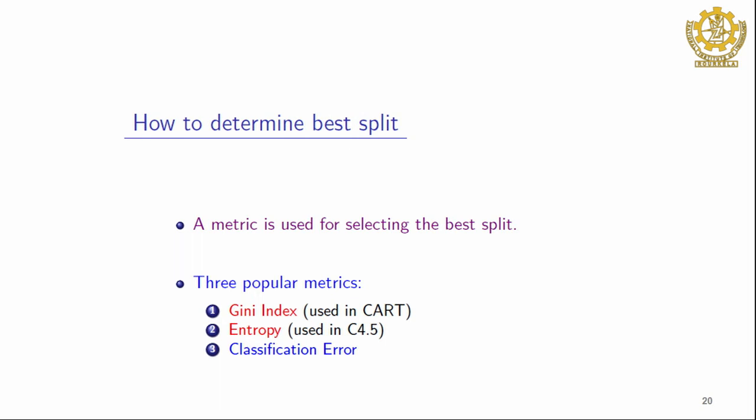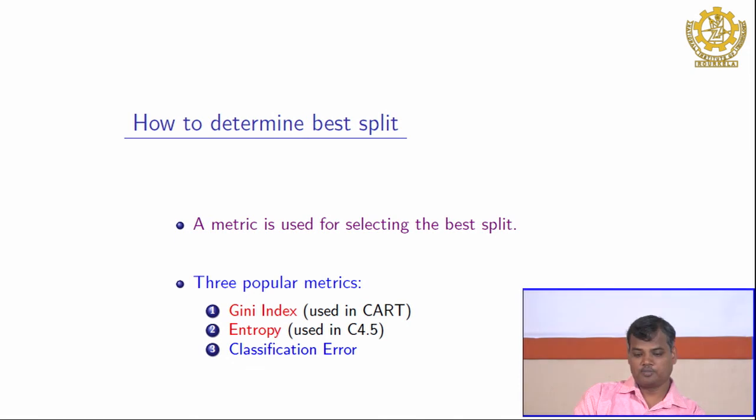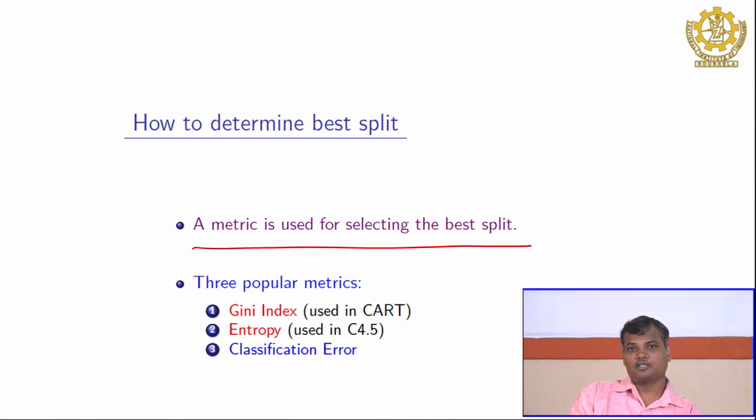So, how to determine the best split? A metric is used for selecting the best split. As I said a few minutes before, the main idea is that we should have a partition so that each partition should be as pure as possible, or homogeneous, so we should have a purity measure. Instead of a purity measure, we can also measure impurity, and that will be 1 minus purity.